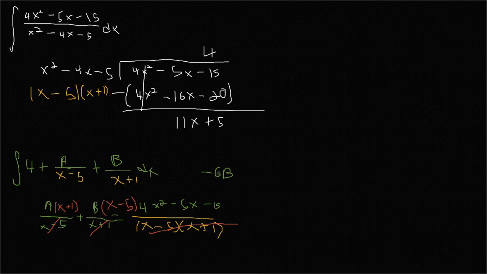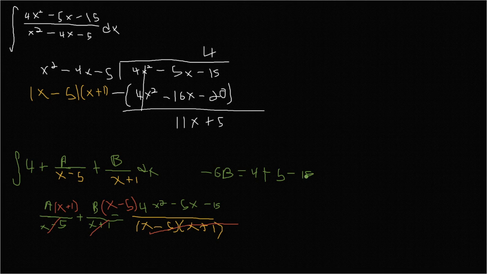So negative 6b is going to be equal to 4 and then plus, because it's a negative 1, plus 5 minus 15.